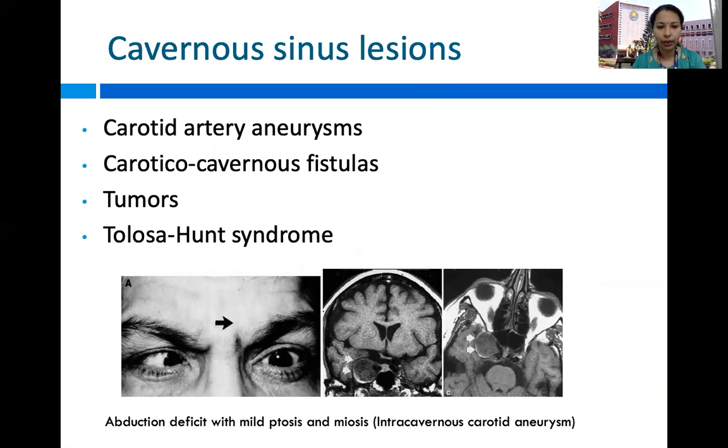So in the picture below, you can see the patient has a right sixth cranial nerve palsy leading to an abduction deficit with mild ptosis and also miosis because of the coexisting Horner's syndrome. And this patient actually had an intracavernous carotid artery aneurysm, which was compressing the sixth nerve in its intracavernous segment.